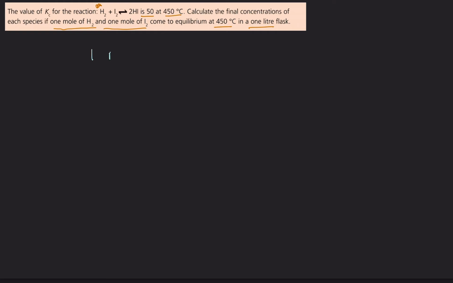Okay, I'm just going to write down the important sections. 1 mole of hydrogen, or 1 mole of iodine. And it's at 1 litre already, so we don't need to divide it in like in the previous one that was 8 litres, so it's already in 1 mole per litre format. So we're just going to set up the rice chart.